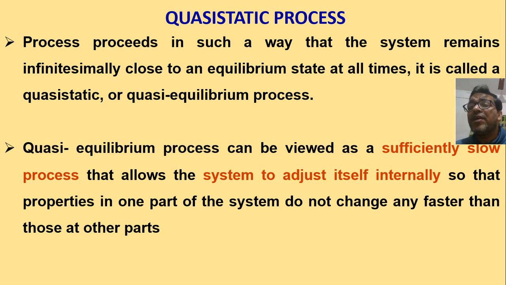If we do the compression and expansion of the piston very fast, then what happens? The temperature of the system will increase very fast. Then it is not isothermal. Now, if we do the same thing, but very slowly, sufficiently slowly, then what happens?